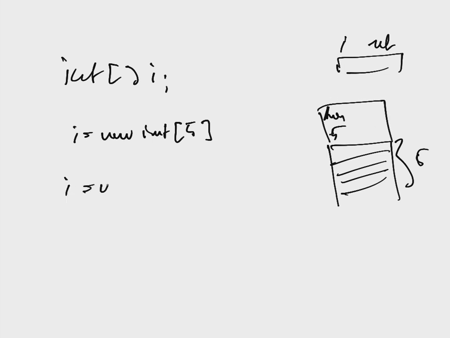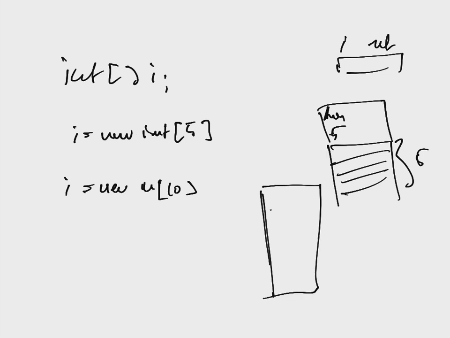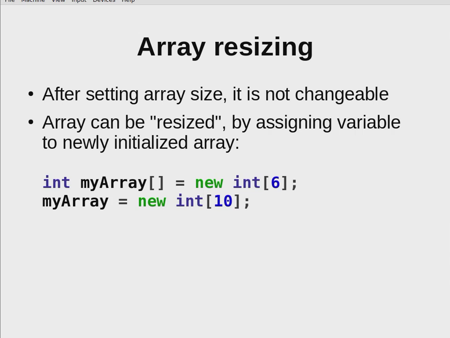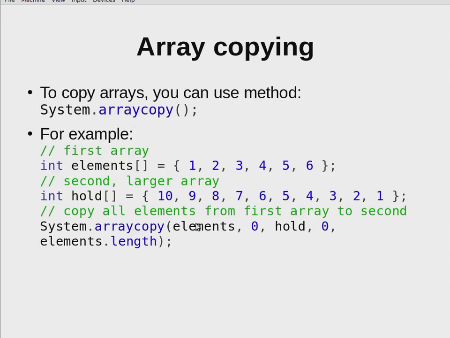And when you say e is new int 10, you will create in some different place cells to hold 10 integers, length will be 10, and it will be an array of integers. And in the first place, this reference will point to actual values somewhere here, and then you will delete that and say that the reference points to somewhere here where the actual data is.